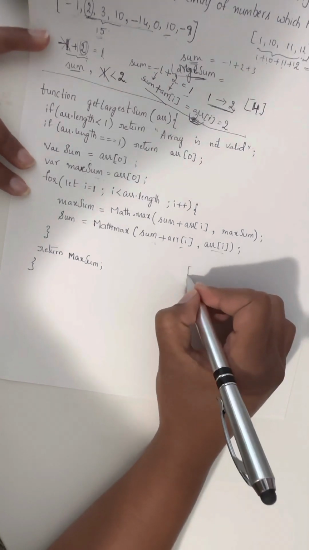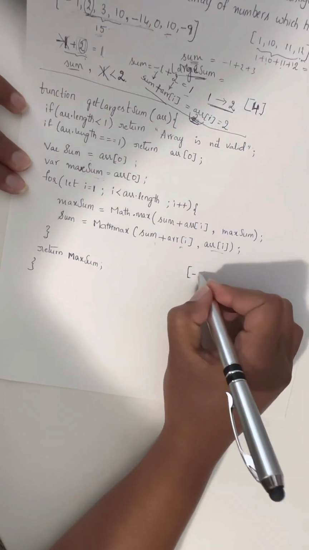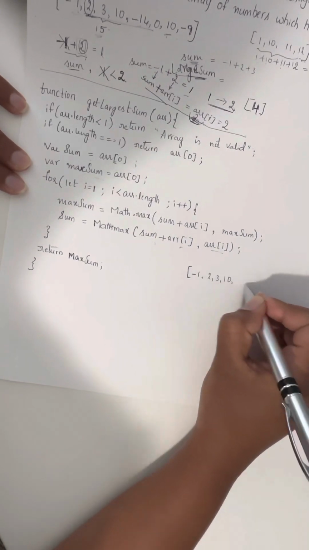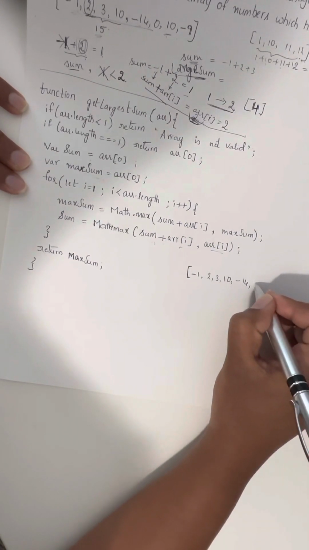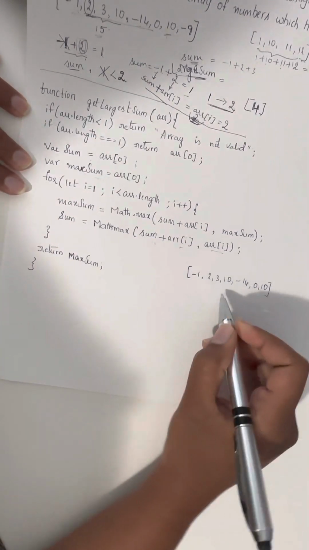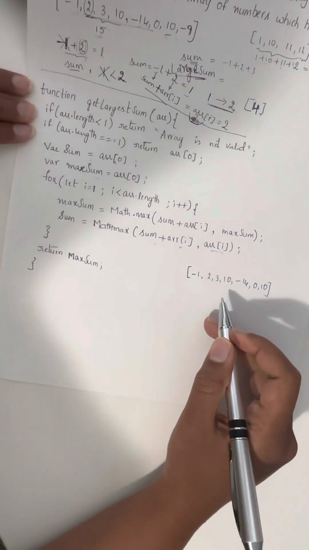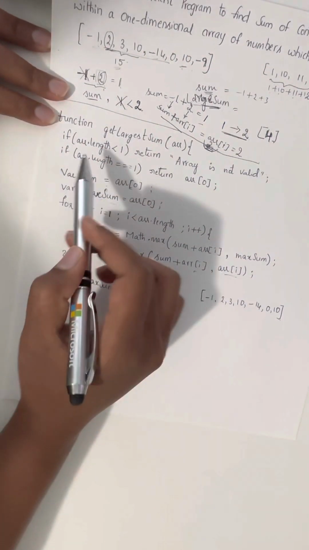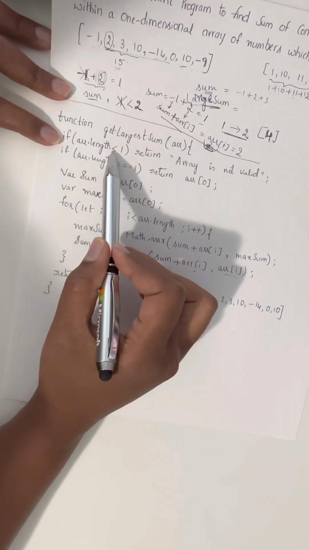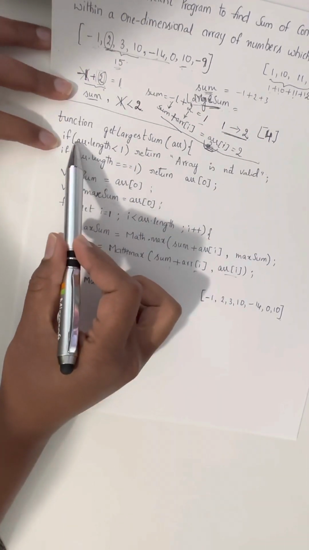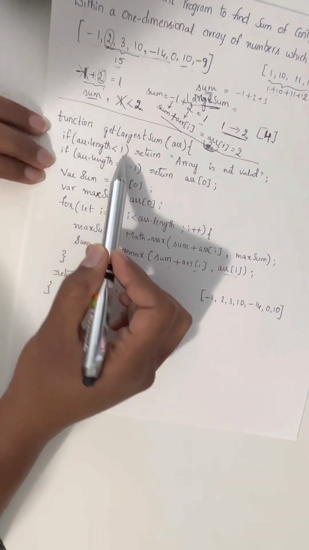So let's take the example that we used before, which is -1, 2, 3, 10, -14, 0 and 10. That should be enough. Now if you see the program, if array.length is less than 1, it's not less than 1, so it's not entering into this.